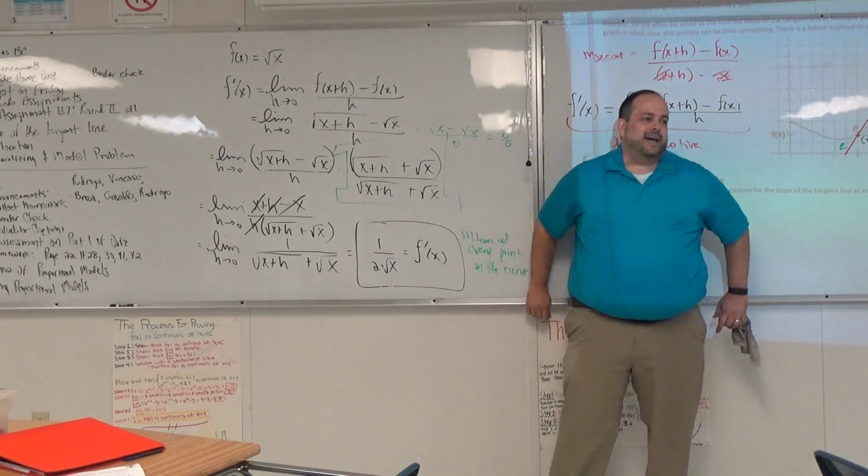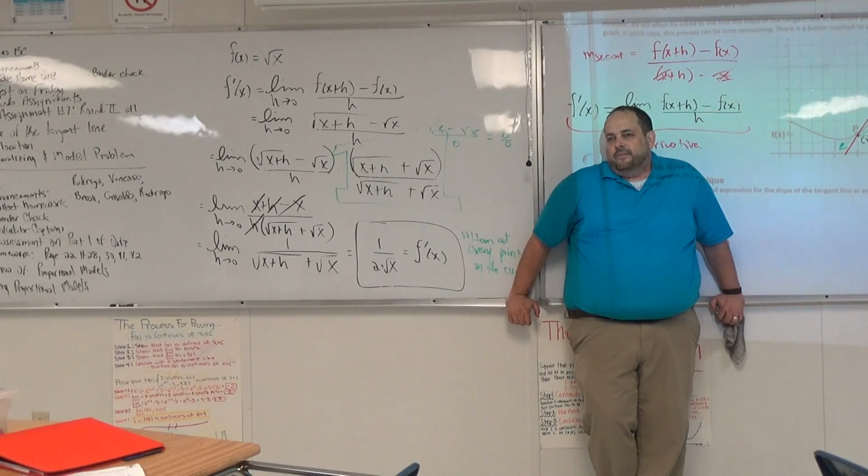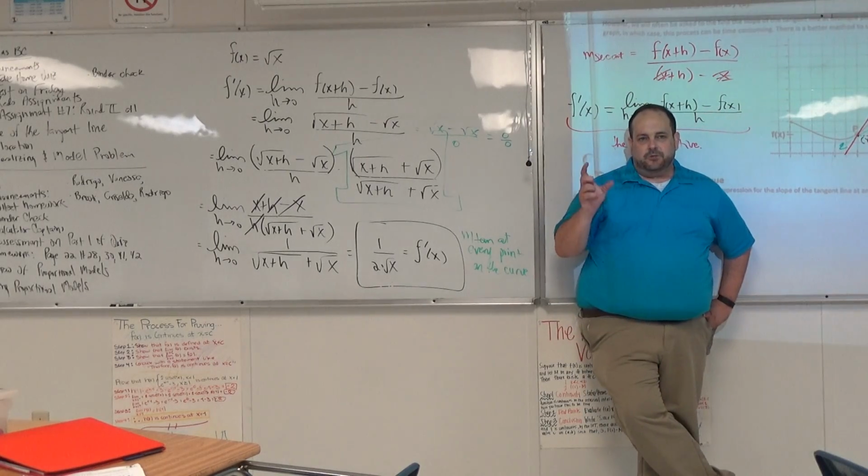There is one time, though, when the derivative is not positive. There's one point on the curve where the derivative is not positive. And I won't tell you where. At the vertex. Careful, you're using the word vertex, which I reserve for parabolas.